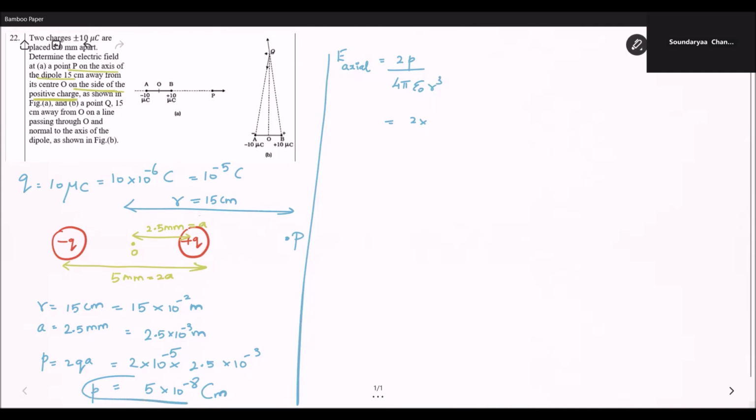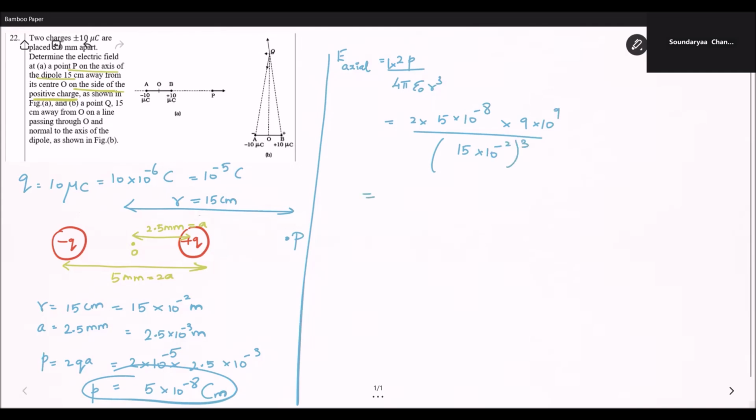I have calculated the dipole moment and now I am going to use this value here. So 2 into 5 into 10 power minus 8 divided by, 1 by 4 pi epsilon naught is what? 9 into 10 power 9. So let's write that, 9 into 10 power 9 divided by r cube. What is r cube? 15 into 10 power minus 2, the whole cube.